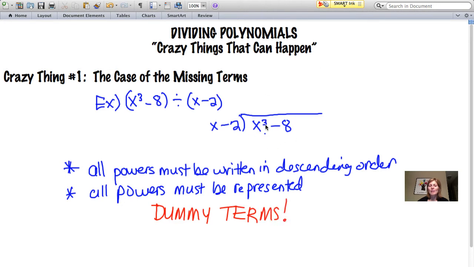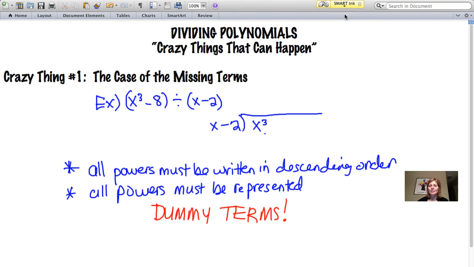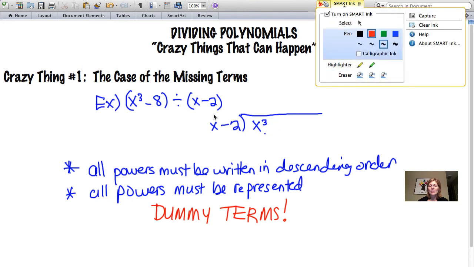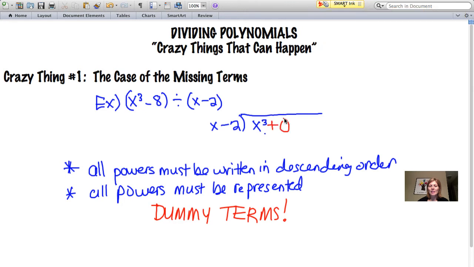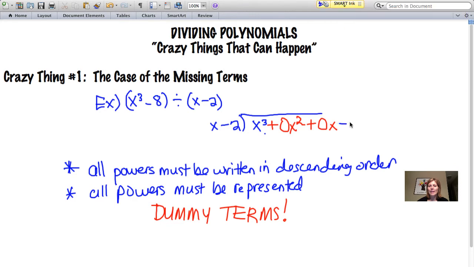Right now I have an x cubed, I'm missing an x squared and x. So let's get rid of this minus 8, and I'm going to include the dummy terms. I don't have an x squared, so I'm going to indicate that by saying I have 0x squared. It's just a placeholder. And I also have 0x. And then in comes, again, my negative 8 that was sitting in there.